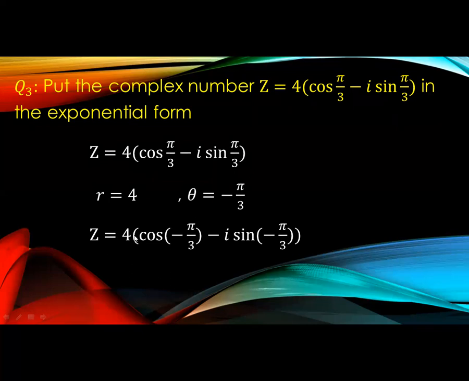So z equals 4 open bracket cosine negative pi over 3 plus i sine negative pi over 3, which is the trigonometric form of the complex number. After that, the exponential form is z equals 4 e power negative pi over 3i.